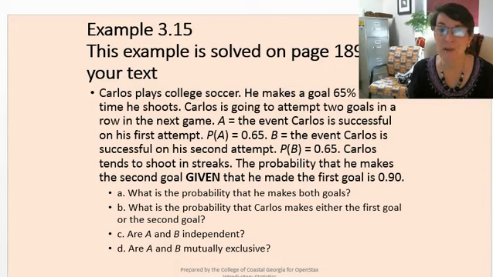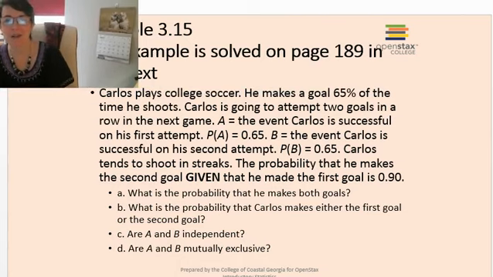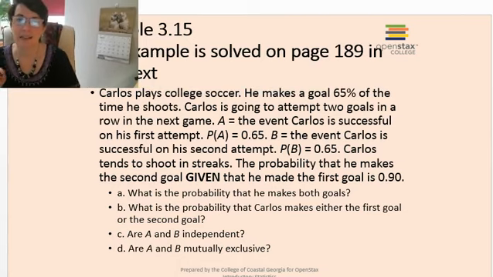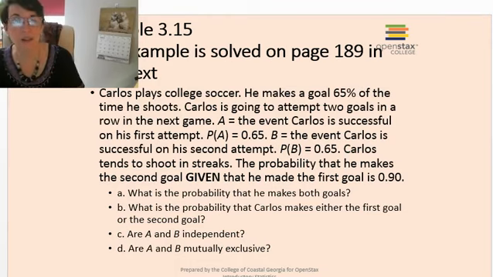Here's an example. This is in your book on page 189, so I'll let you look at it. It goes through every single piece of this. Carlos is playing soccer, and he makes 65% of his goals, and he's going to attempt 2 goals this time in the next game. So how likely is he to get both of those goals? Now, those might sound like they are independent events. Whether he makes 1 goal does not necessarily determine anything about the other goal, but he does shoot in streaks.